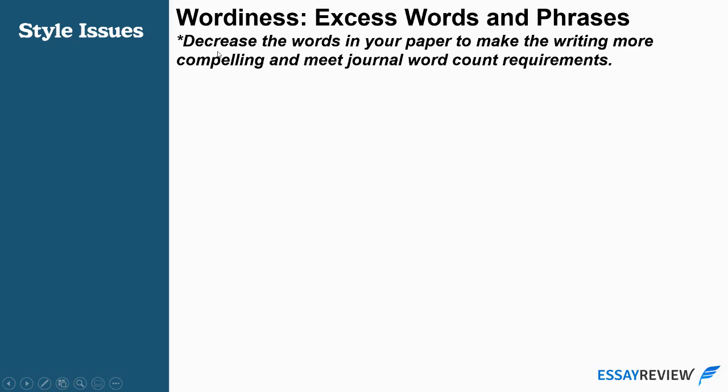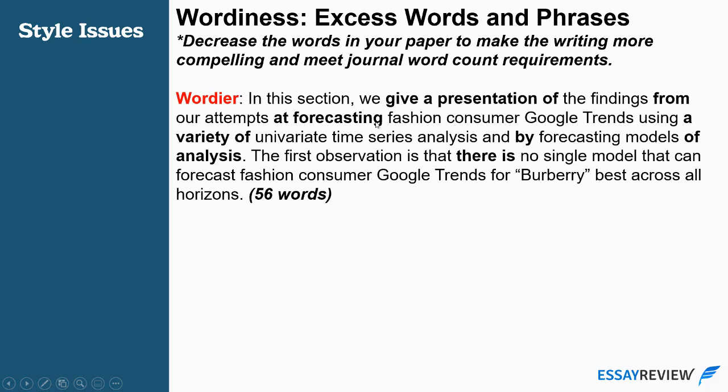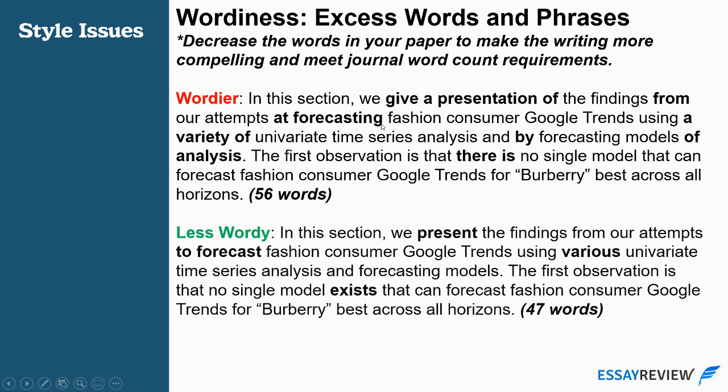Okay, I want to go through here quick because I do want to practice the editing exercise with you. But excess words and phrases can be fixed by a couple methods. But I want to show you the difference in fixing your excess words and phrases by getting rid of junk verbs.